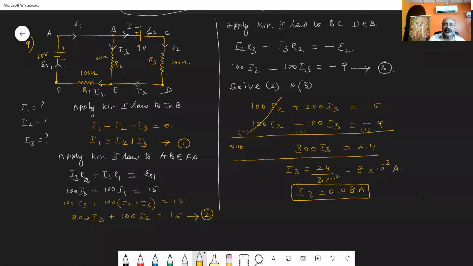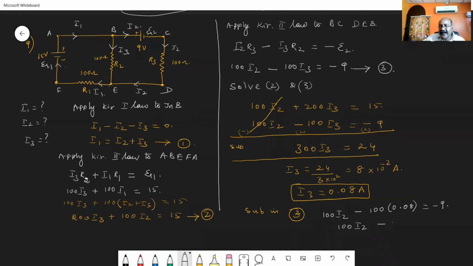Substitute in equation 2 or equation 3 to calculate I2. Substituting in equation 3, I can write 100 I2 minus 100 into I3, that is 0.08, is equal to minus 9. So how can I simplify?